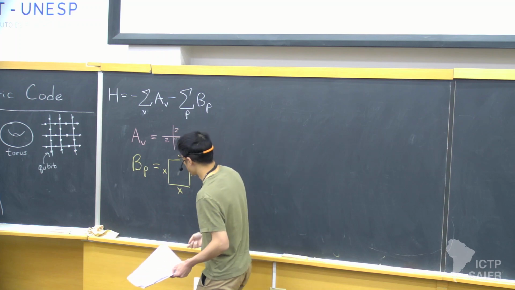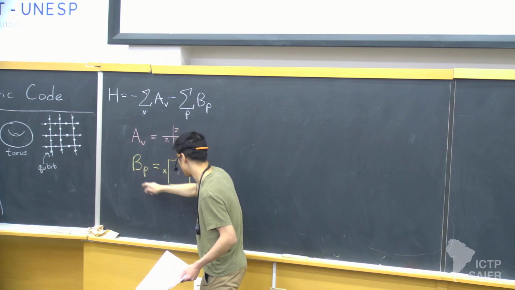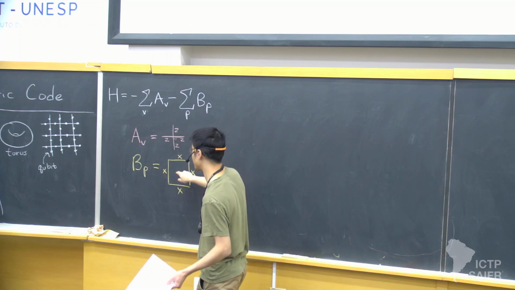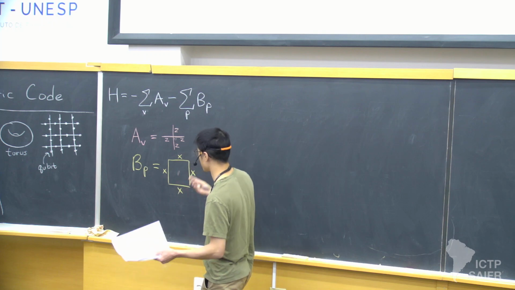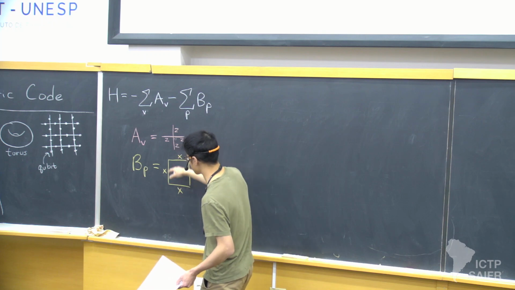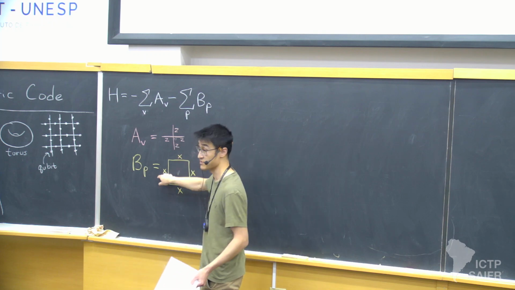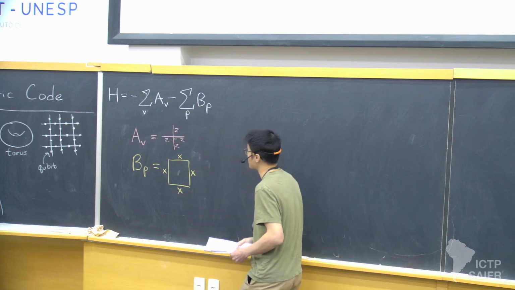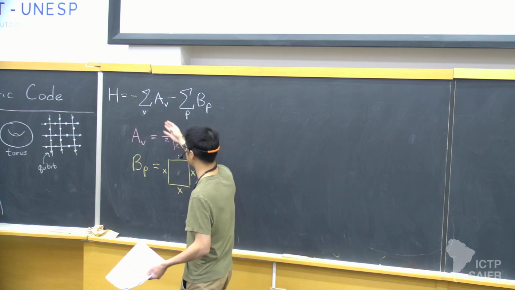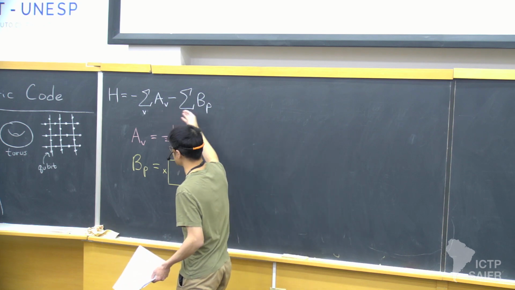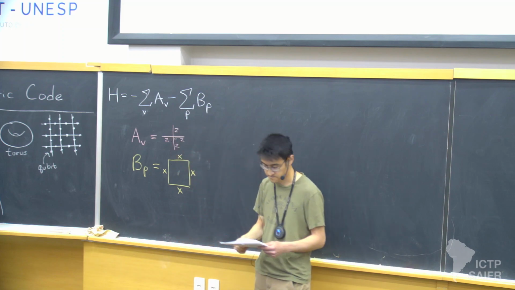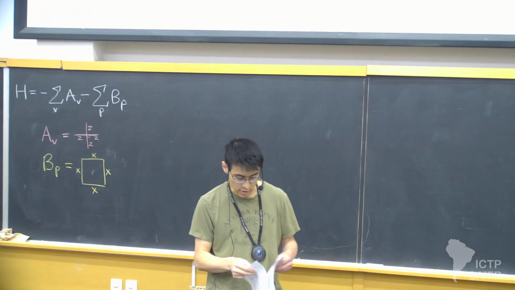And this B operator for every plaquette, or every square P, also consists of a 4-body interaction, but now it's a product of Pauli X's. So we have these 2 different types of interaction in the Hamiltonian.